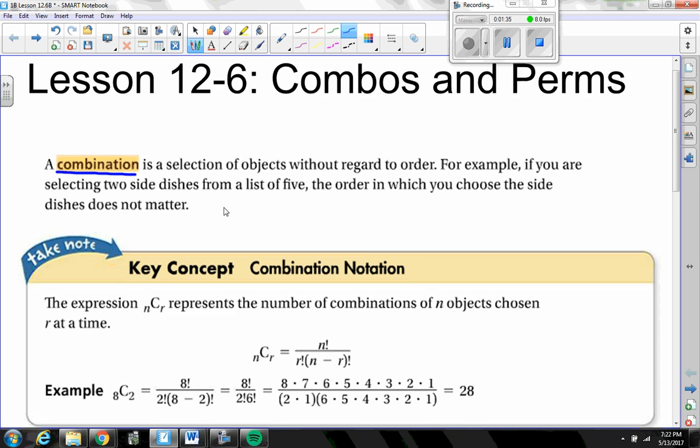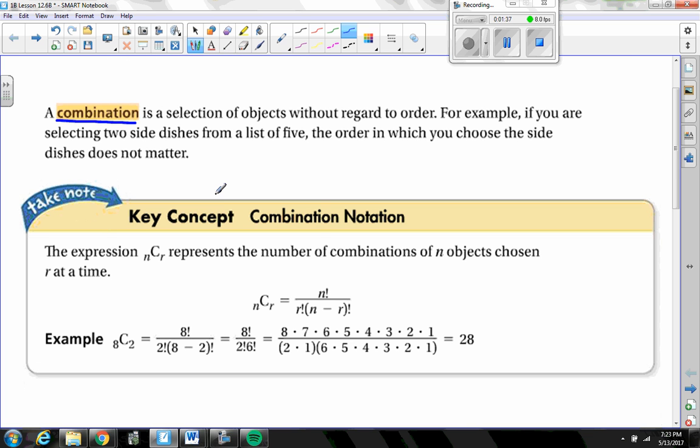Now, the formula and the notation that I want you to notice here in this key concept box is very similar to what we dealt with for permutations. The permutations notation was n, the number of things you have, and then a big capital P, and then r was how many things we wanted to put in order. So we have 25 kids out for the baseball team.